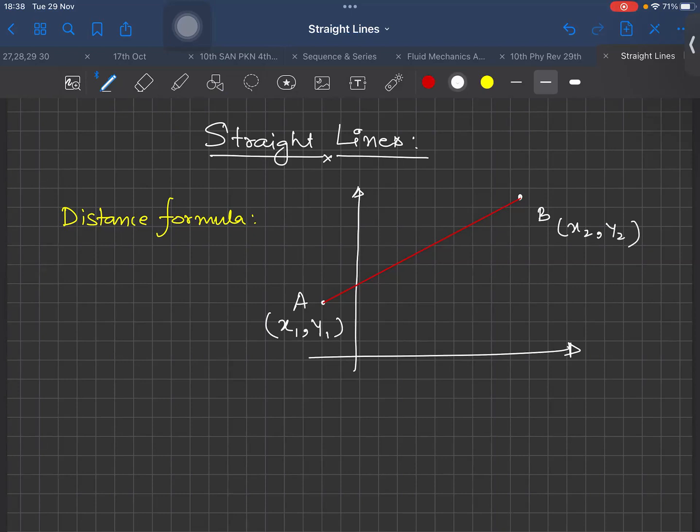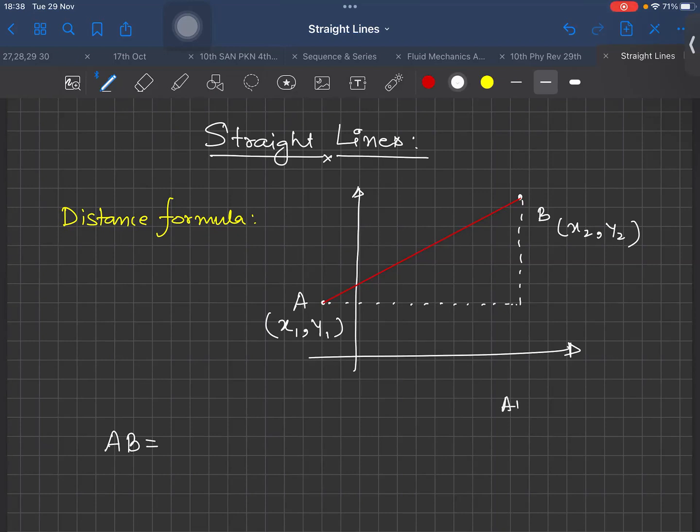So according to distance formula, AB is equal to what? We'll just use the Pythagoras theorem. I'm not going to go into the proofs because we need to study straight lines.